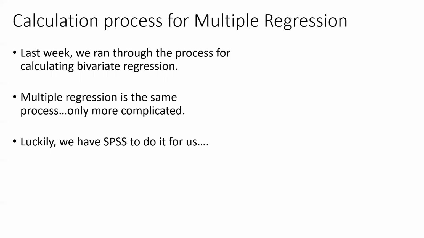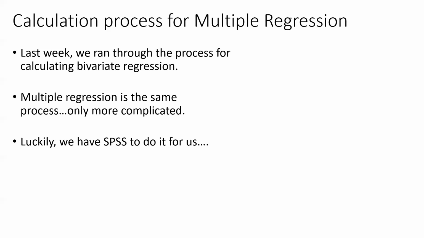With multiple regression, we do the same thing. We'll calculate what we call partial slopes or b-value coefficients for each independent variable, and we can calculate R squared for the overall model to determine how much the variables explain of the dependent variable taken together.